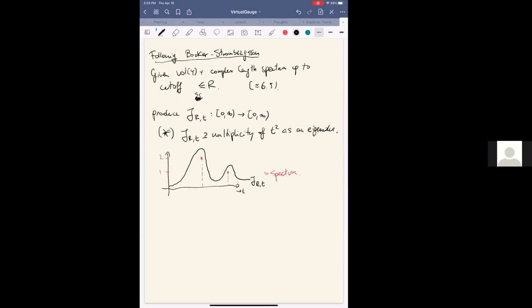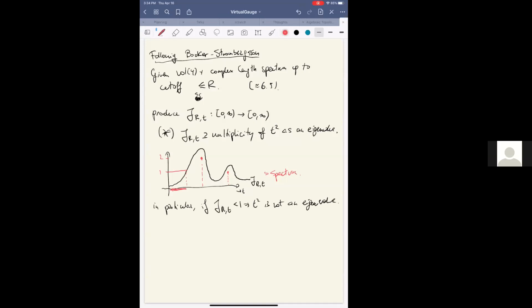So in particular, this allows you to give lower bounds on the spectrum. For example, if J_{R,T} is less than 1, then T squared is not an eigenvalue. So in this toy picture, we know that anything below here cannot be an eigenvalue.